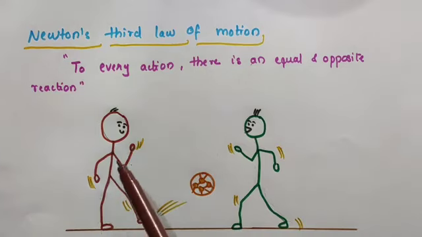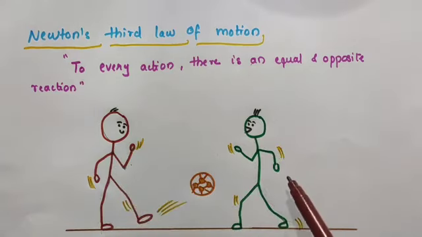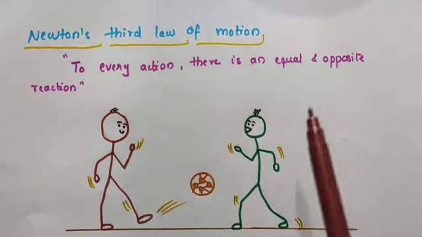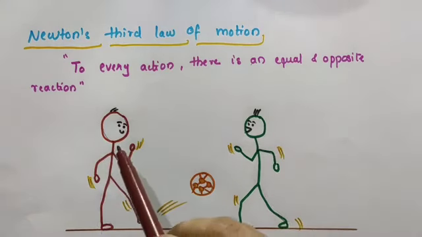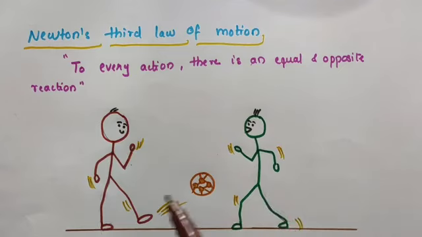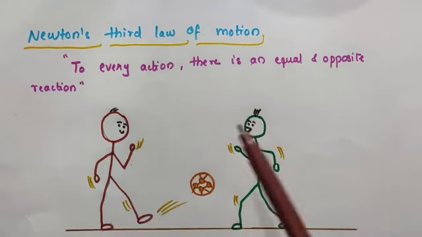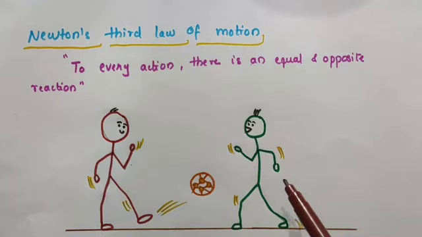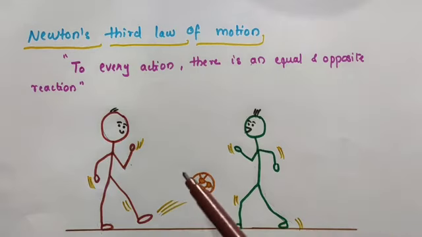Consider this as the first player and the second player. Let the first player go and collide with the second player. During the collision, the first player applies a force on the second player, and at the same time, the second player applies a force on the first player. That is, each applies a force on the other.